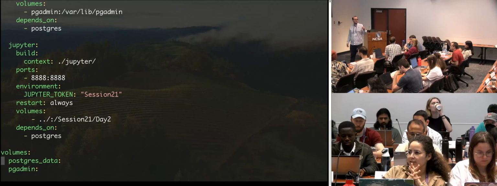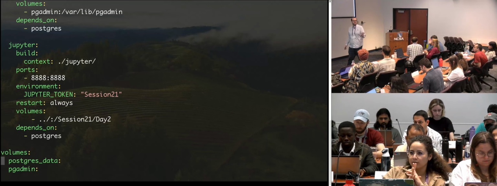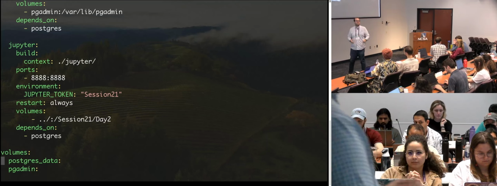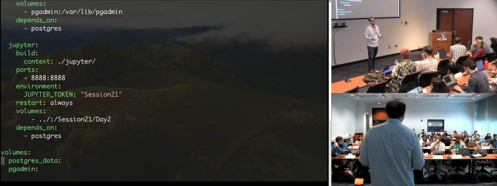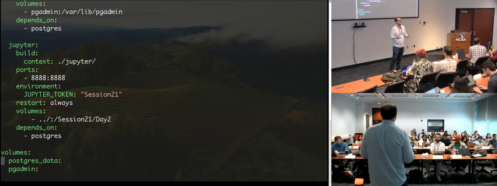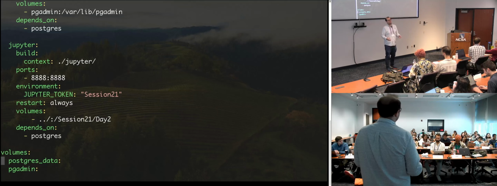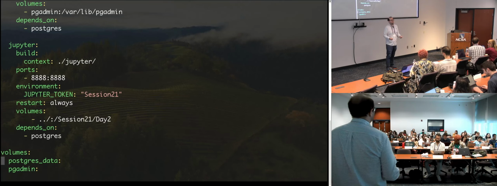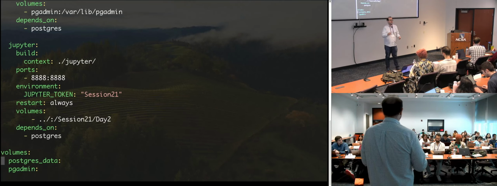Somebody asked, what does Docker do exactly? If people are familiar with in the past, if you had a PC and it had Windows on it, and you were like, I need to get Ubuntu on this machine, you had two options.